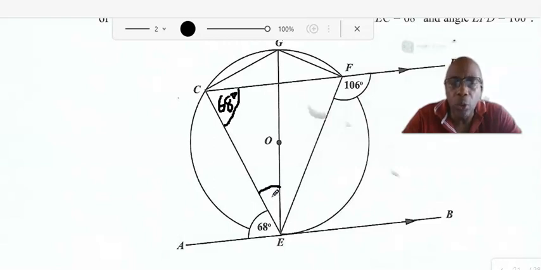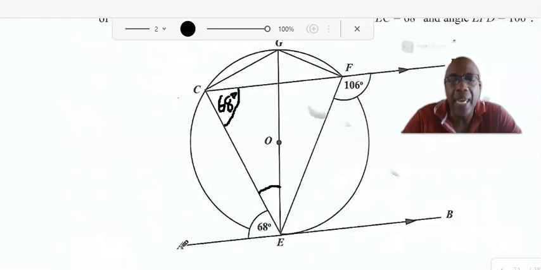So what rule can we use to find that angle? There's a basic rule concerning the tangent to a circle and the diameter or radius at the point where the tangent cuts the circle. The rule simply states that the angle between a tangent and a radius is 90 degrees.